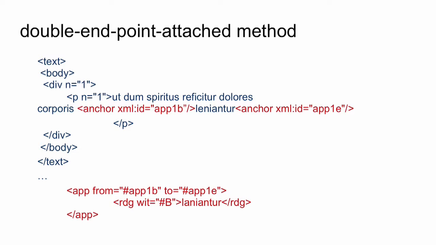So the advantage of this method is that it deals very well with potentially overlapping hierarchies. So if you have a lot of apparatus entries in your edition, it's very efficient to deal with this issue.